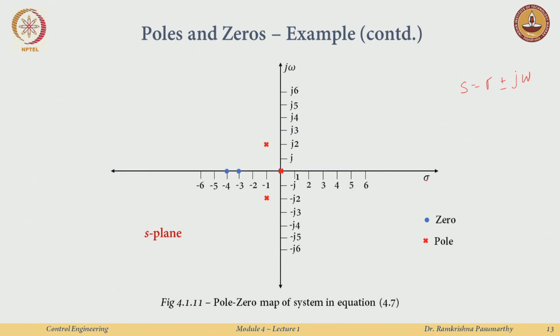So, it has the real values and the imaginary values. So, a pole at the origin would be, so this guy entirely goes to 0. So, I am here. So, pole is usually denoted by a cross. So, I have a pole here, complex conjugate poles at minus 1 plus j2 and minus 1 minus j2, and two zeros, one at minus 3, one at minus 4, and zeros are typically denoted like this. So, this is the notation for zero.